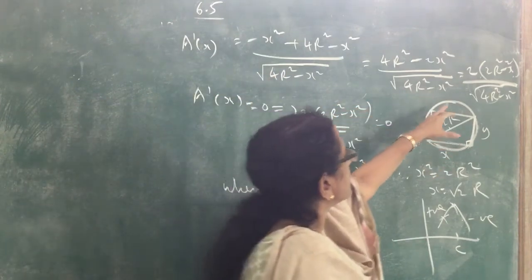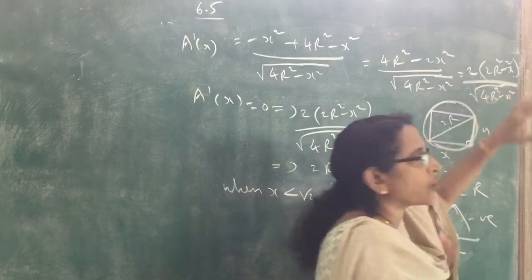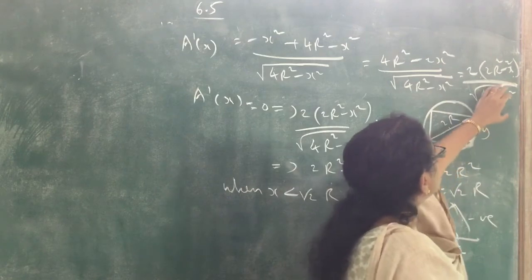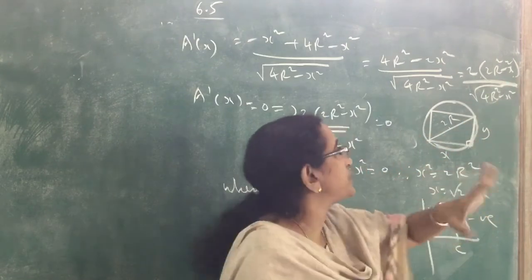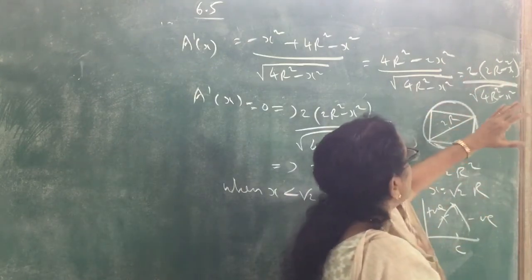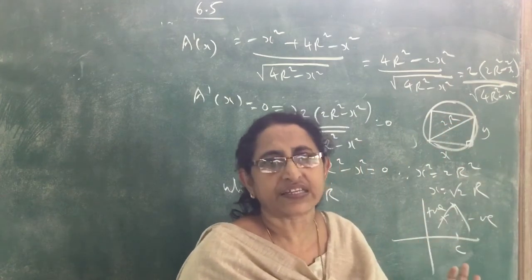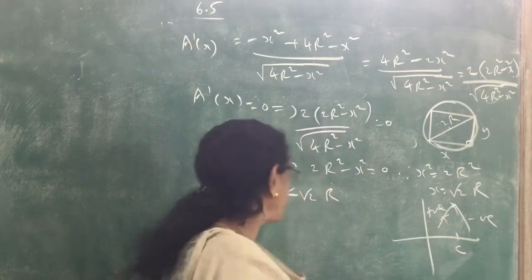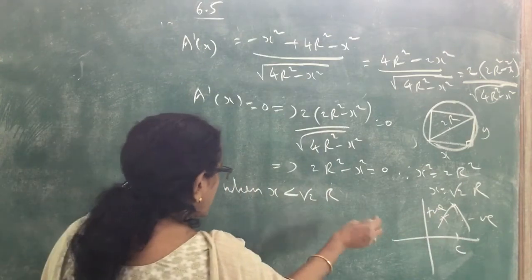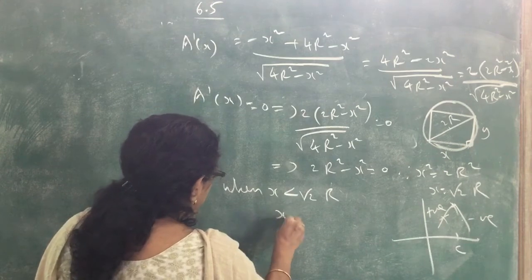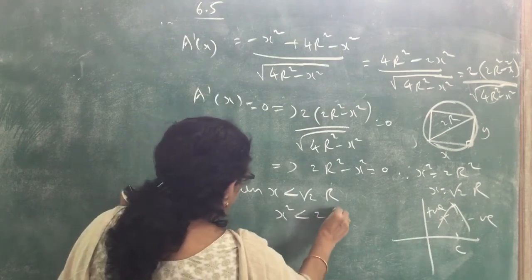See here in the derivative, the denominator is always a positive number because x is less than root 2r, and this will be a positive number. And 2 is also a positive number. So we only have to see whether 2r square minus x square is greater than 0 or less than 0. When x is less than root 2r, we can write x square less than 2r square.